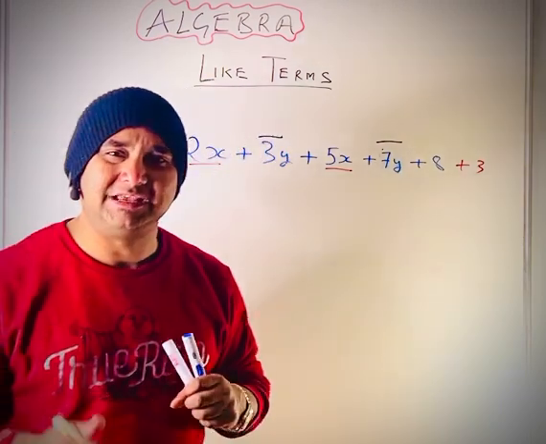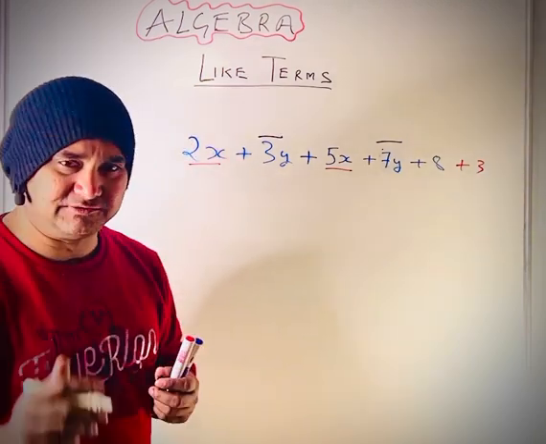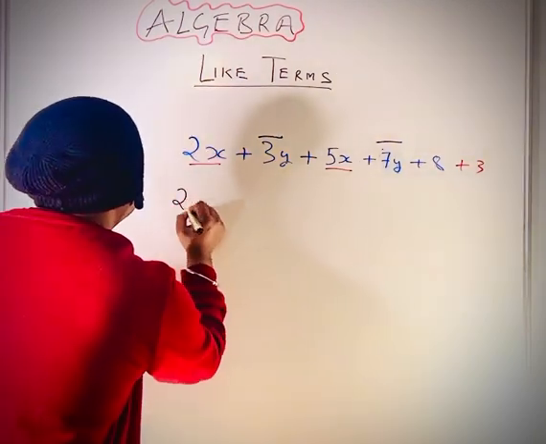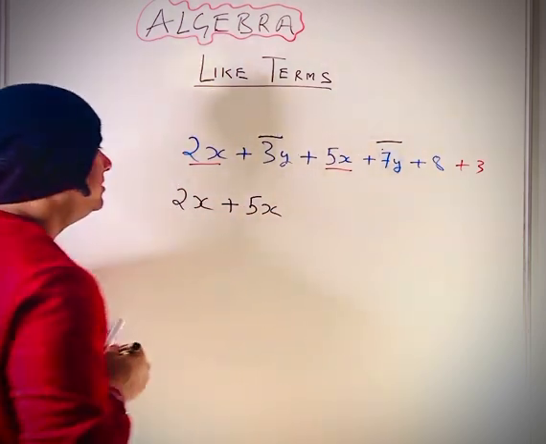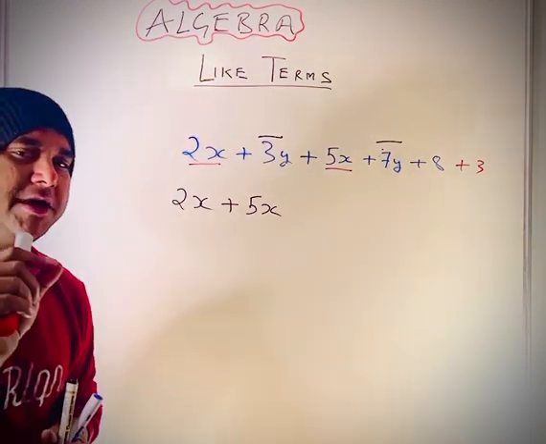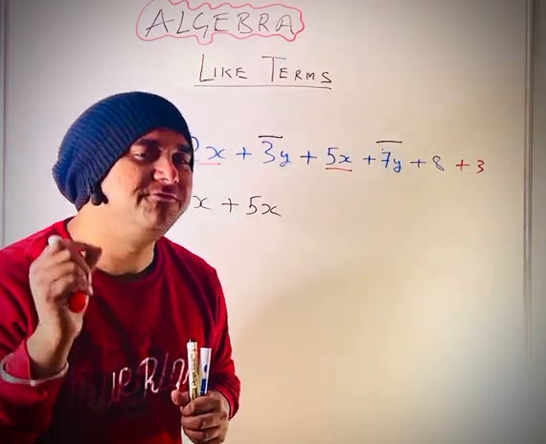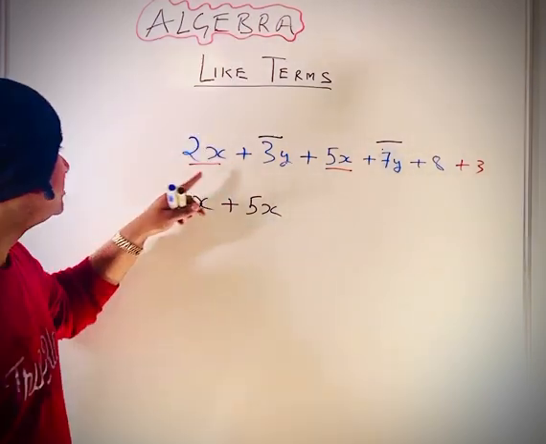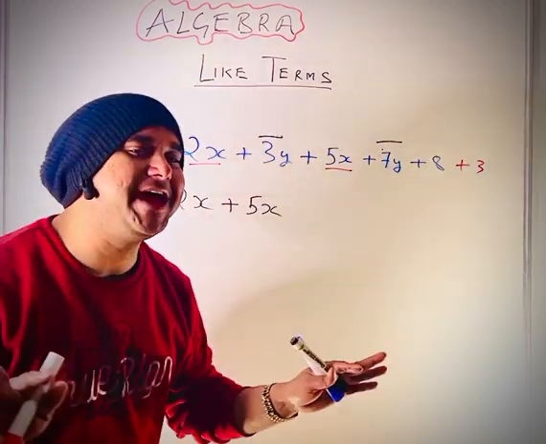Now let's say you have 2x. The first variable is x, right? So I'm going to group the x's first. So I have 2x plus 5x, right? Now, one more thing I need to tell you, make sure you pay attention. Whatever the sign before the term is, like the plus before 5x, you cannot change that sign.